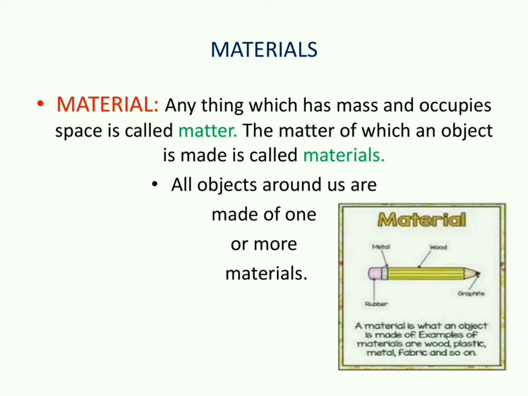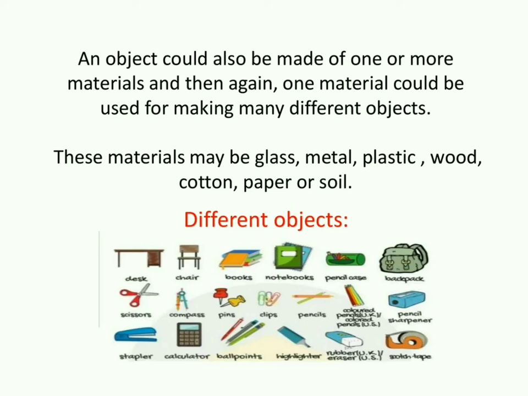So, students, let us understand the very fundamental difference between the two terms, object and material. Materials make up the object, but objects cannot make the materials. That's the basic difference. When we talk about materials, anything that is used to make an object is called material.